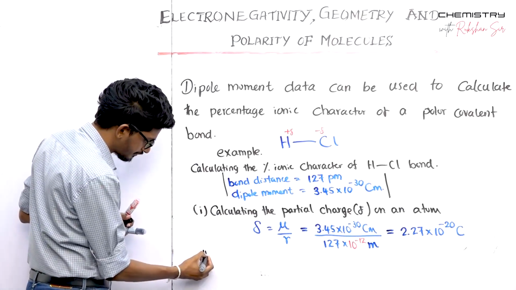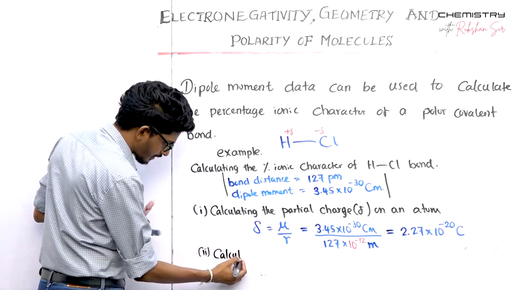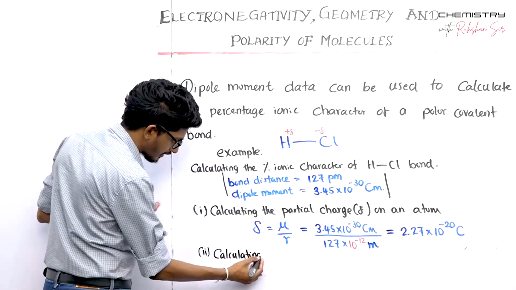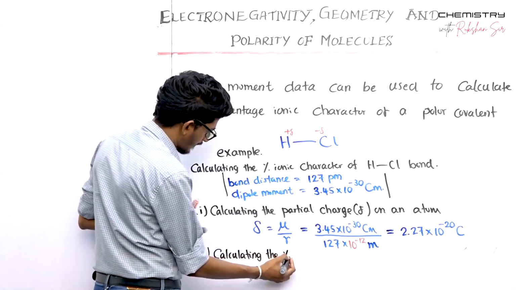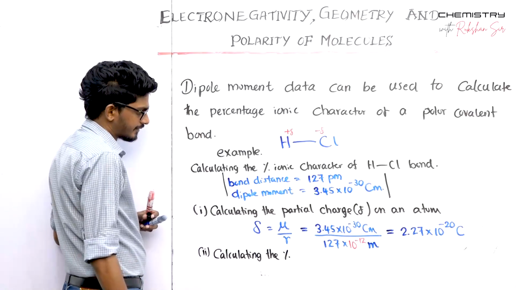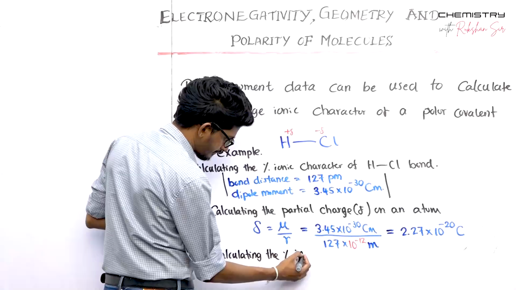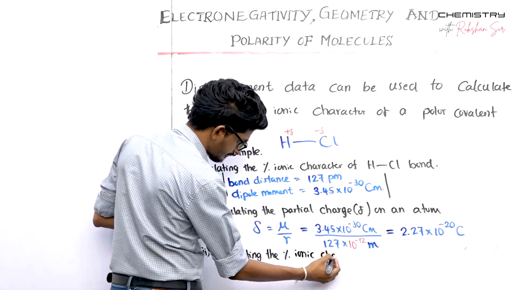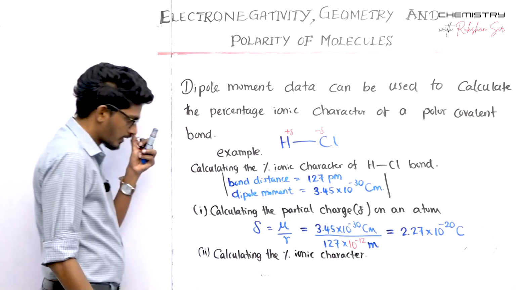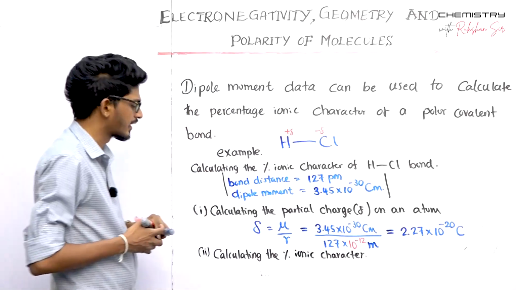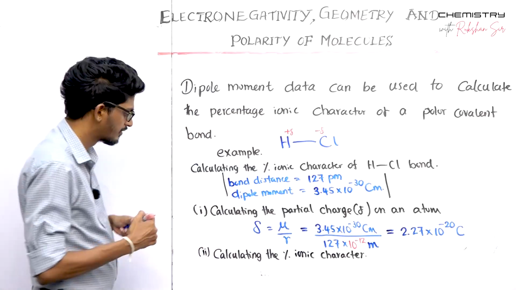Number 2, calculating the percentage ionic character. To calculate it, there is an equation.